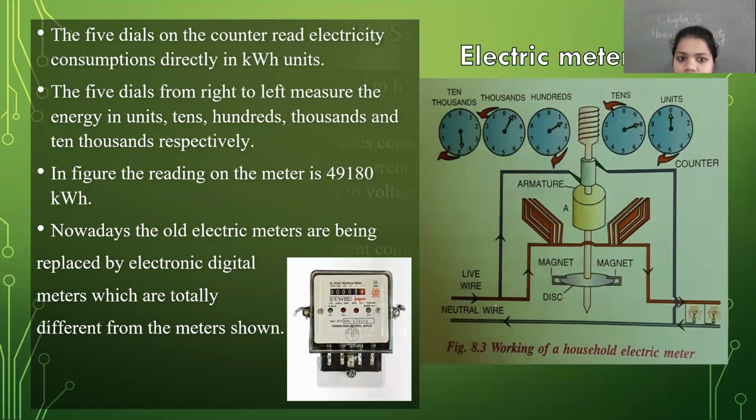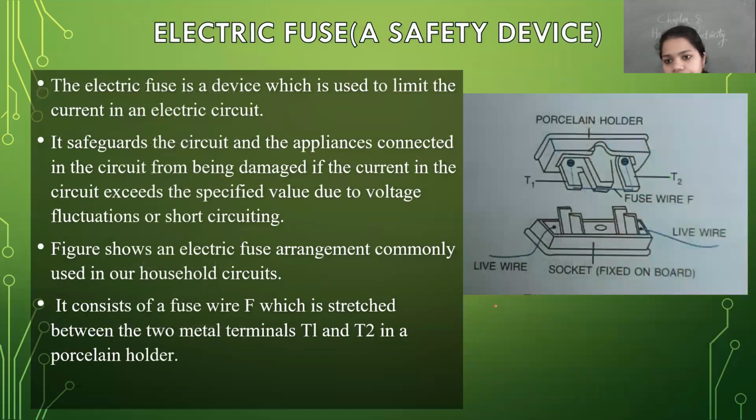Next, we have the electric fuse. A fuse is a device which is used to limit the current in a circuit. It protects our appliances from being damaged because of high voltage, that is voltage fluctuations, or short circuiting.